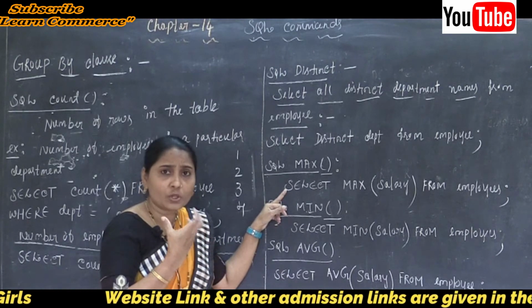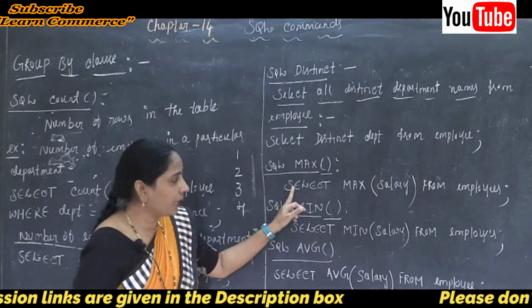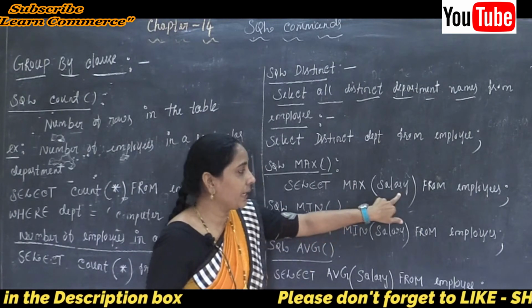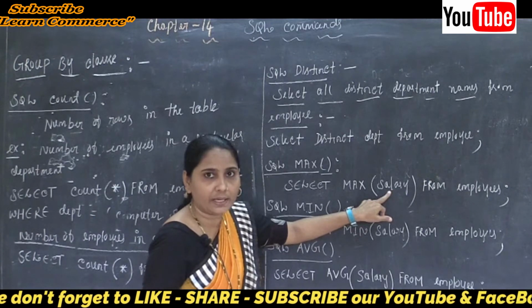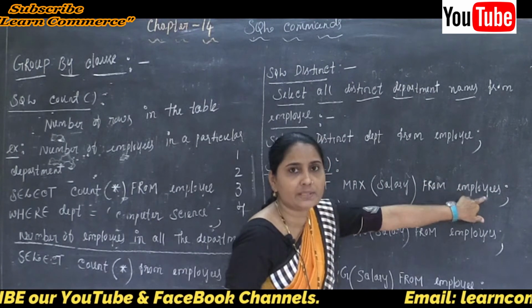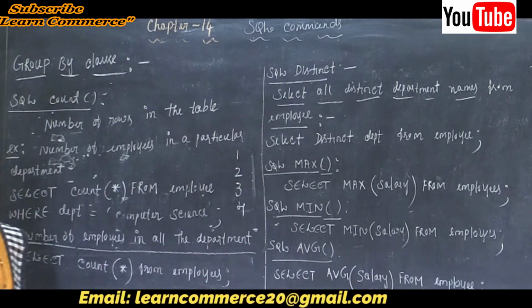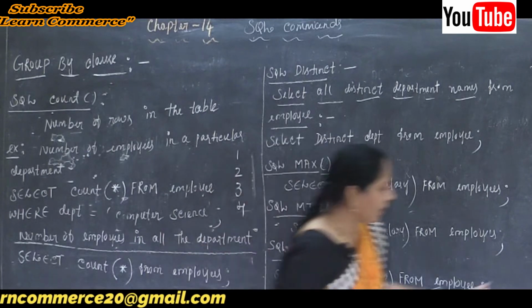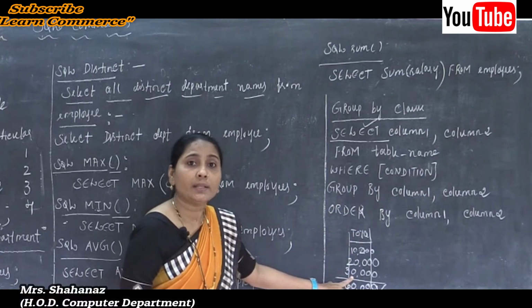So here I am using the syntax: select max salary, where salary is the column name, and from this column I want to select the maximum value, and the table name is employee. So that means to get the maximum salary drawn by an employee. If you use this example, at that time it is going to display the value 30,000.